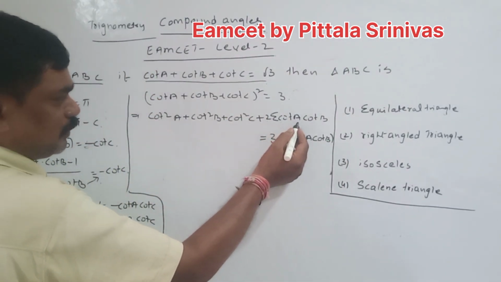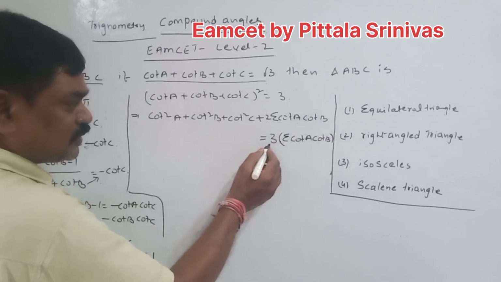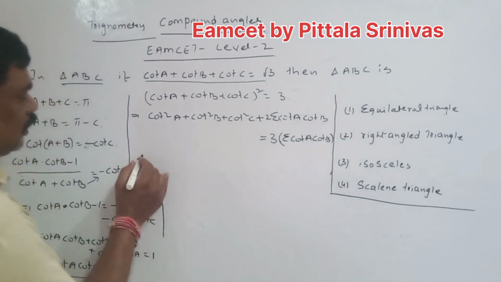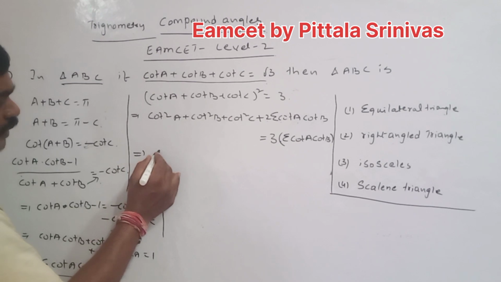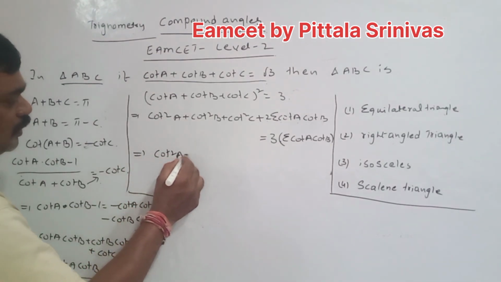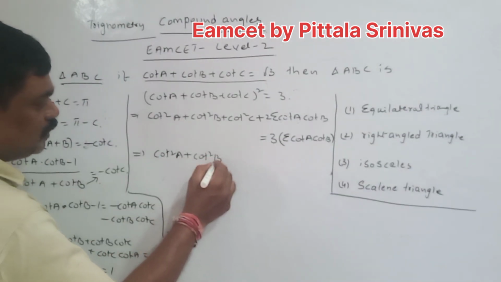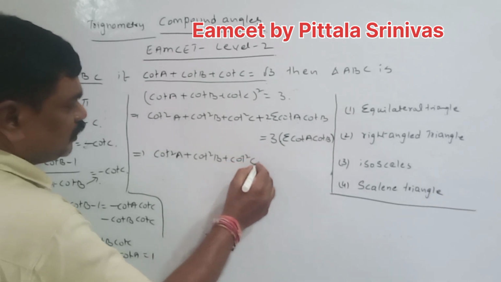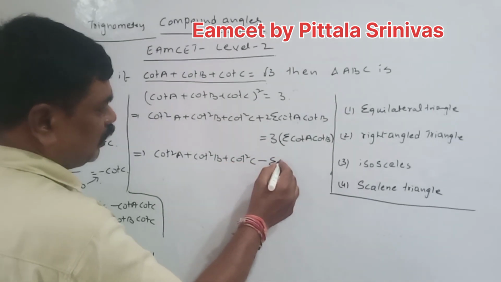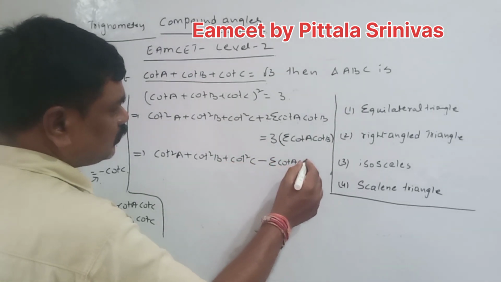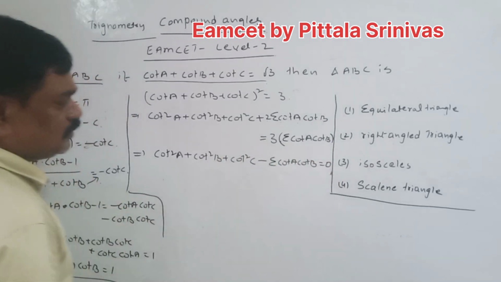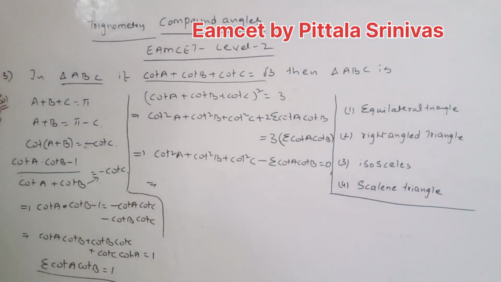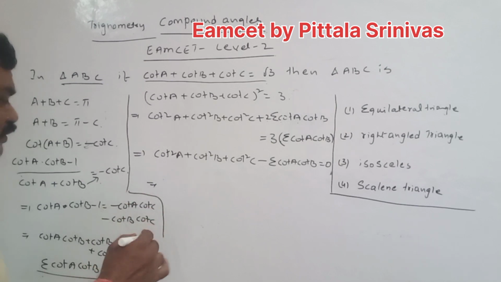2 into sigma cot A cot B minus 3 into sigma cot A cot B. Then what we can write as cot square A plus cot square B plus cot square C minus sigma cot A cot B is equal to 0. You have to multiply with 2 and divide with 2.